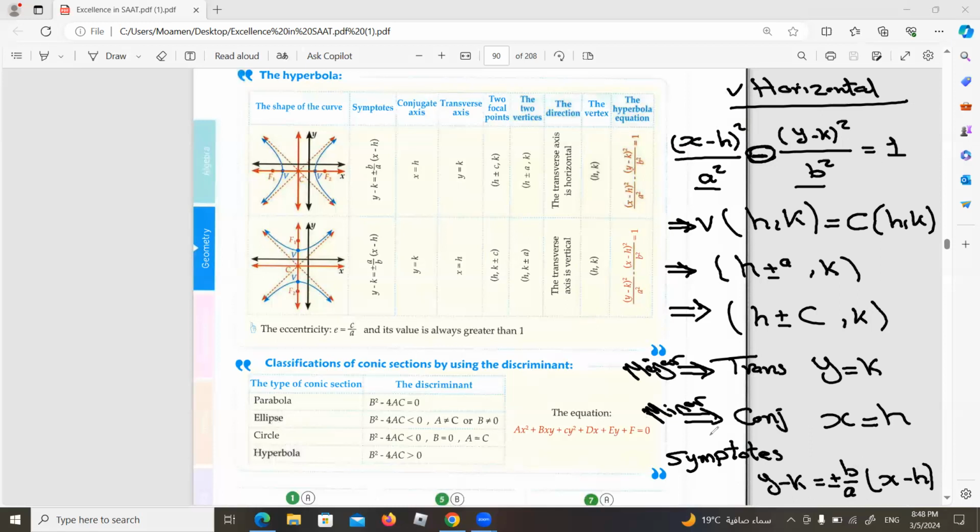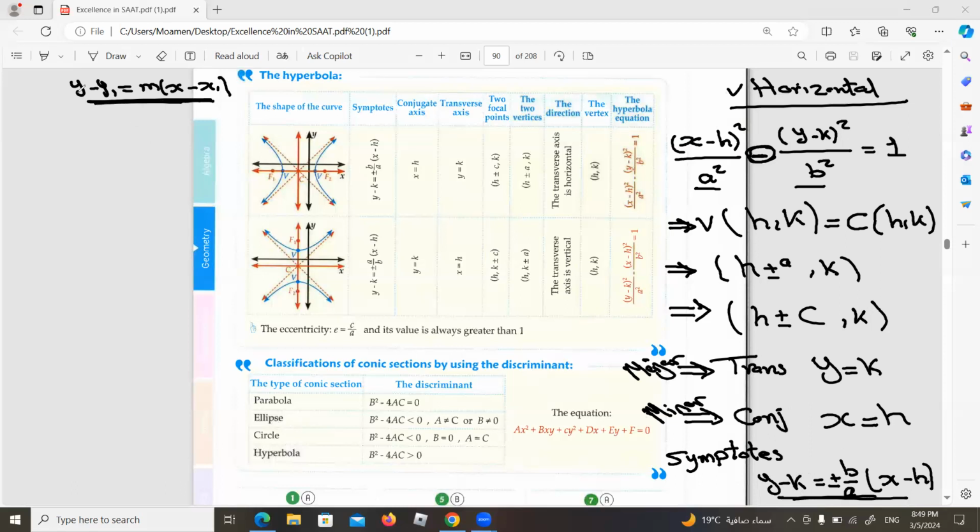As you see, it's a linear equation. As you remember, the linear equation has two forms. One of the forms is called the point slope form. It was y minus y1 equals m times x minus x1.